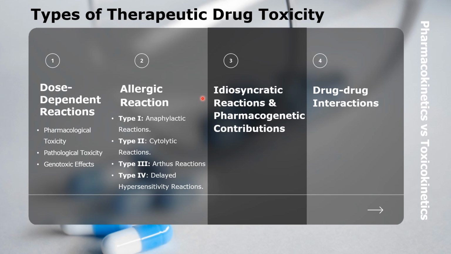A common mechanism is covalent drug binding to serum proteins that leads to the presentation of a foreign hapten, resulting in an immunotoxicological response. When we talk about drug-drug interaction, we can say that the interaction can occur during the absorption, protein binding, metabolism, receptor binding, and also therapeutic action.